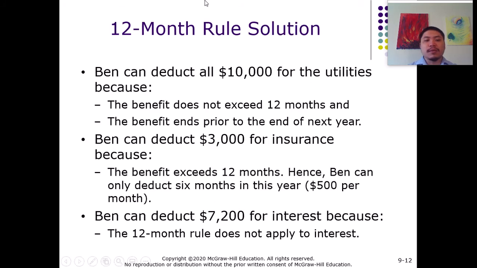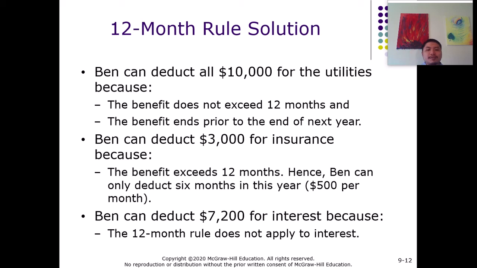That's why we have $3,000 here. We calculate the monthly expense for the insurance, and then multiply it by the period for this tax year, which is 6 months.